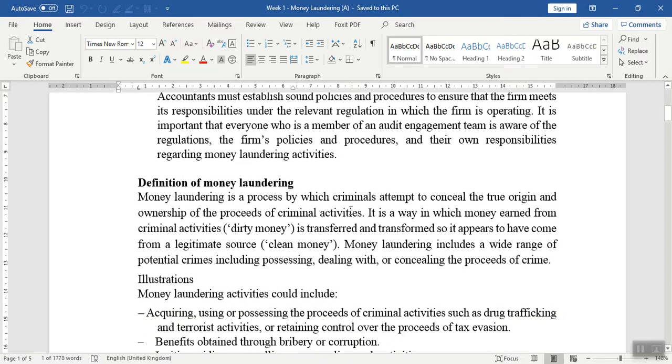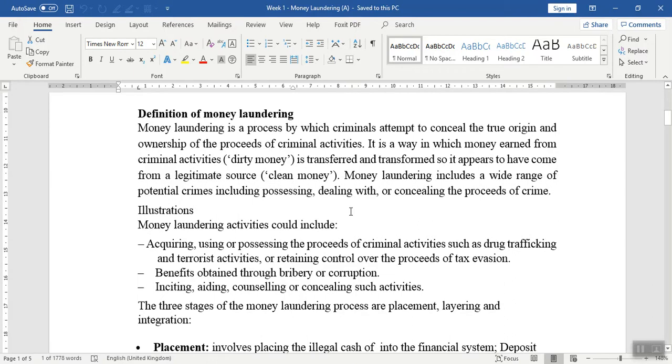So what is meant by definition? We go back to the question: what is meant by the definition of money laundering? The definition is standard already. You can copy it, you can memorize it from the lecture notes, exactly the same. So what is money laundering? It's a process by which criminals attempt to conceal, to hide the true origin and ownership of the proceeds of criminal activity. They hide the activity and then they earn money from illegal activity.